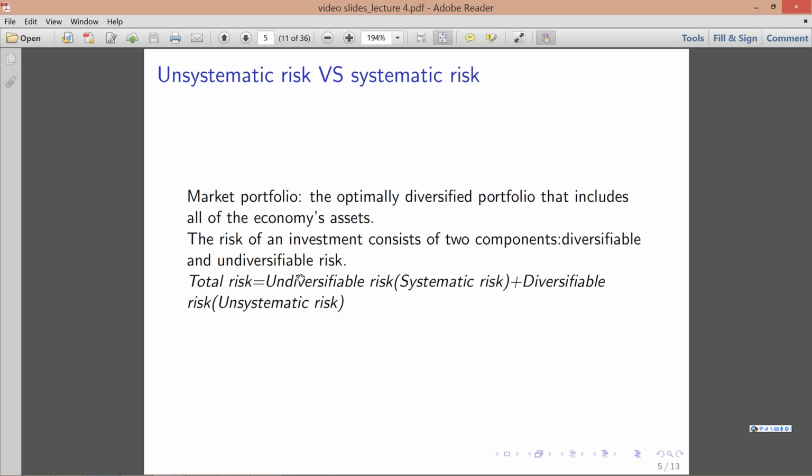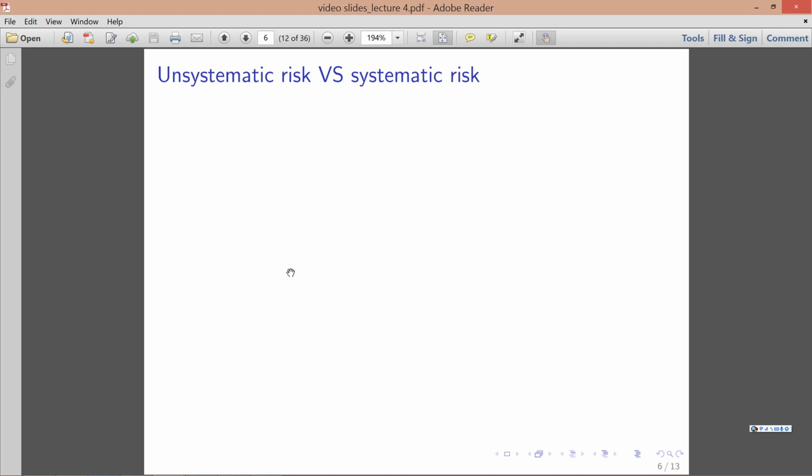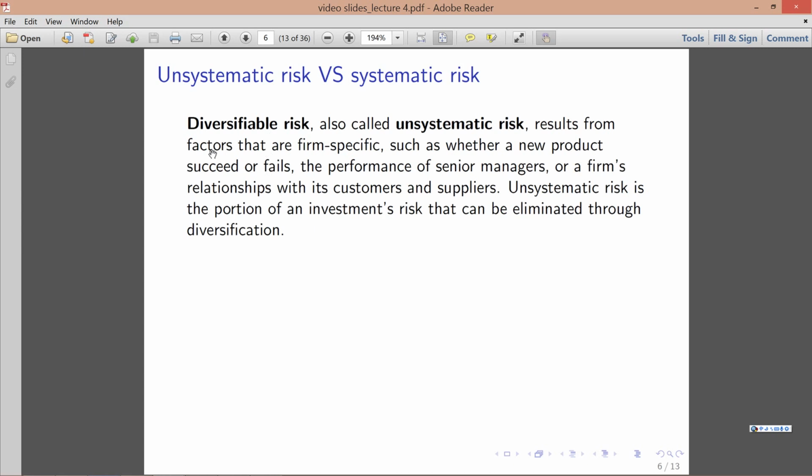So now, to be more general, what types of risk can be diversified? If it's a risk that results from factors that are firm specific, not market wide, such as whether a new product succeeds or fails, or the performance of a senior manager of a single company, those risks are firm specific.